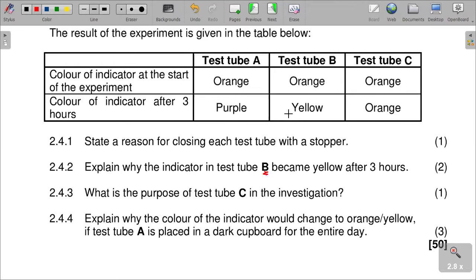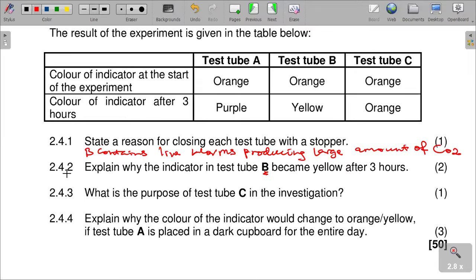So what you need to understand is that B contains live worms which are producing a large amount of carbon dioxide over time.